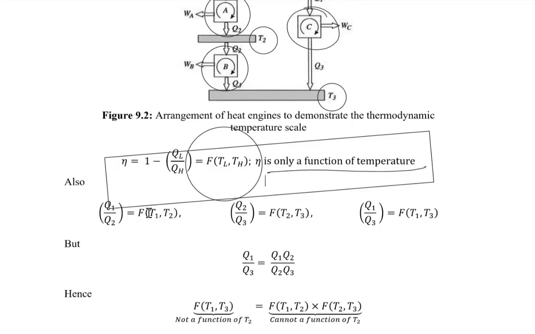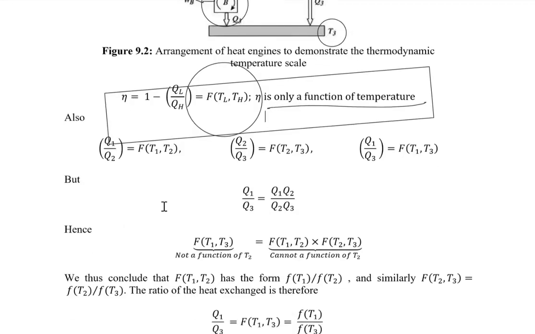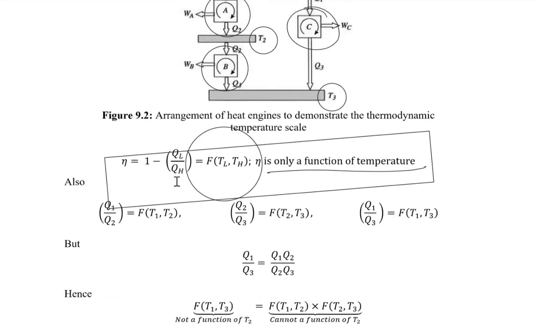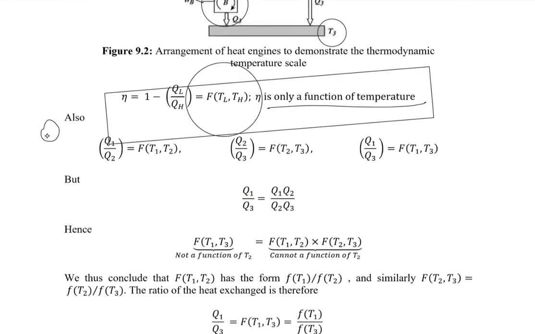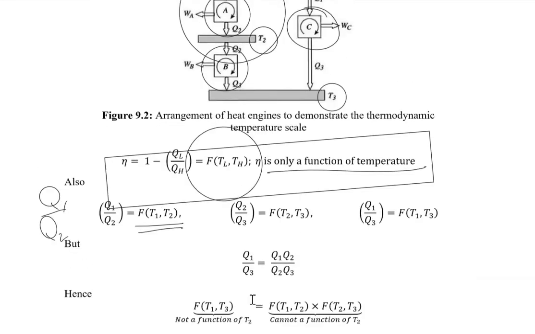If I consider heat engine A, working between T1 and T2, then Q1 divided by Q2 would be a function of T1 and T2. Heat engine B, working between T2 and T3, would be a function of T2 and T3, and that would be equal to Q2 by Q3.